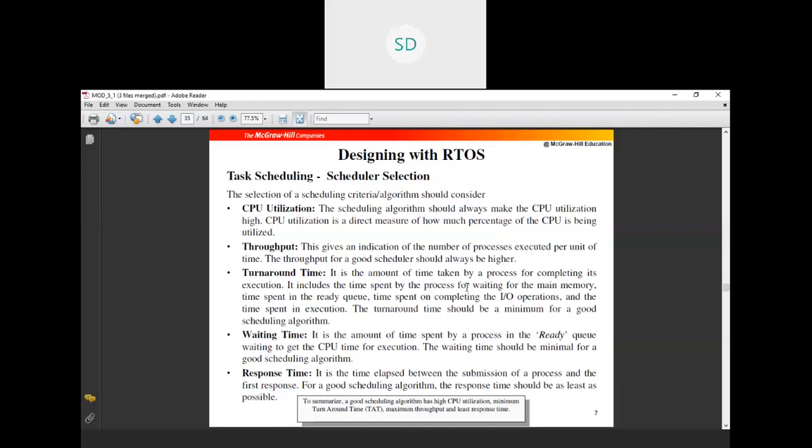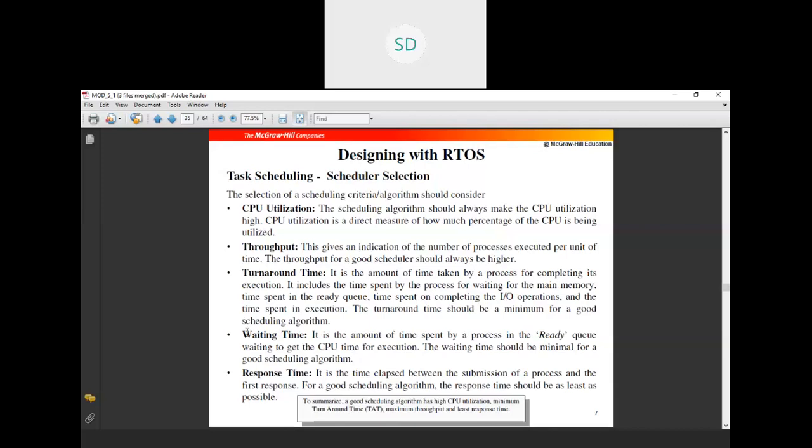That is the overall time from task initiation until the completion of that particular task. That time is known as turnaround time. And remember, the turnaround time should be minimum for a good scheduling algorithm.